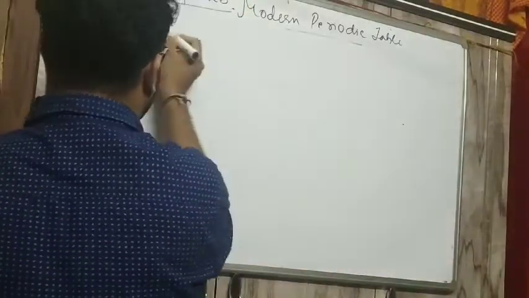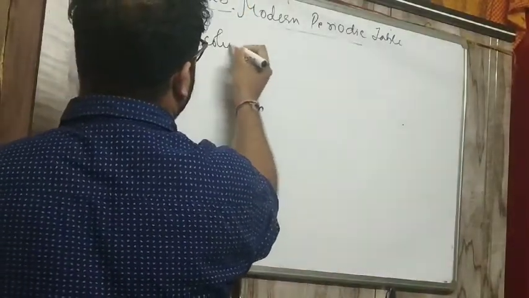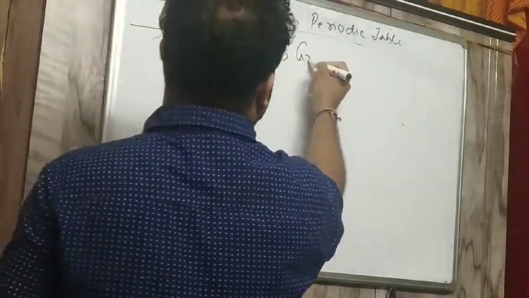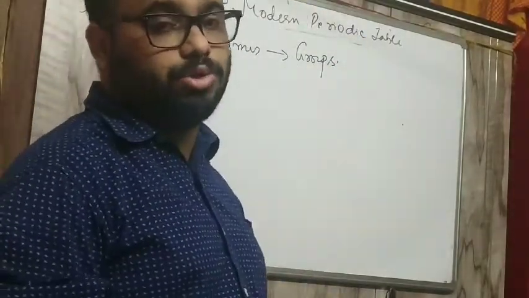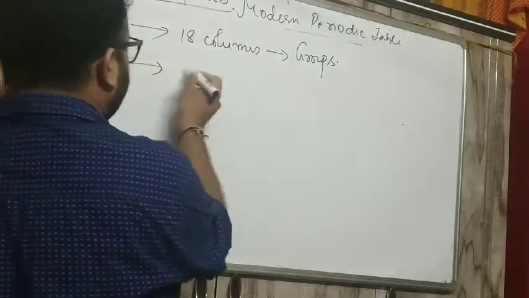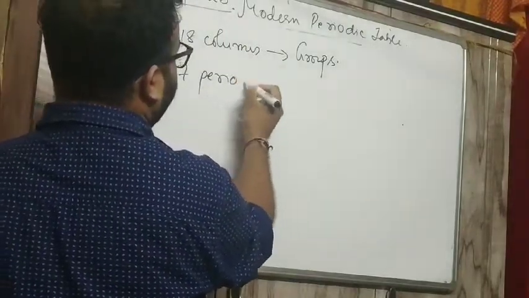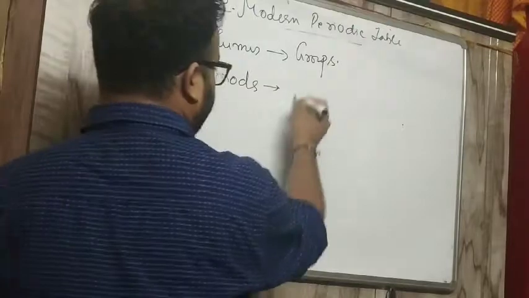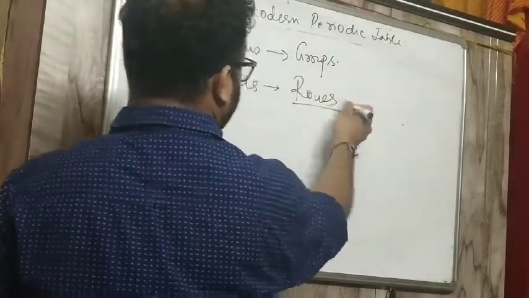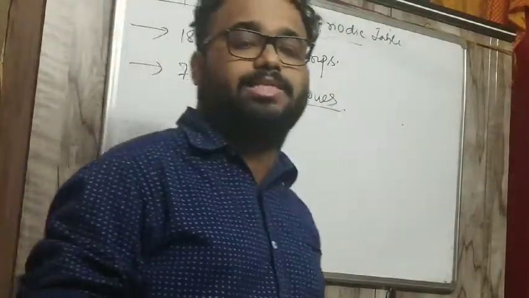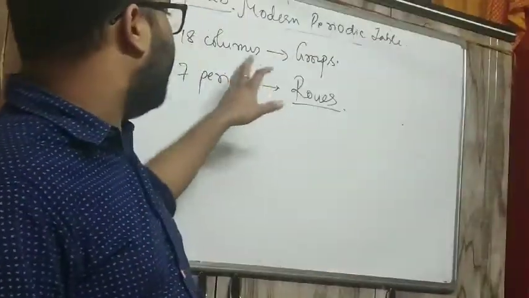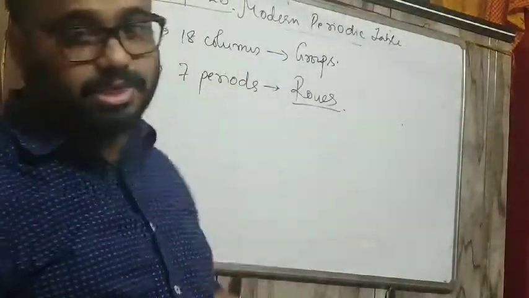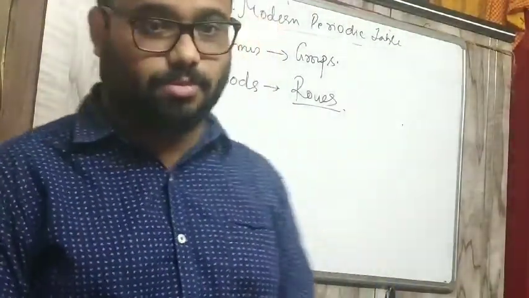The modern periodic table has 18 columns, which are called groups, and 7 periods, which are horizontal rows. So there are 7 periods and 18 groups.